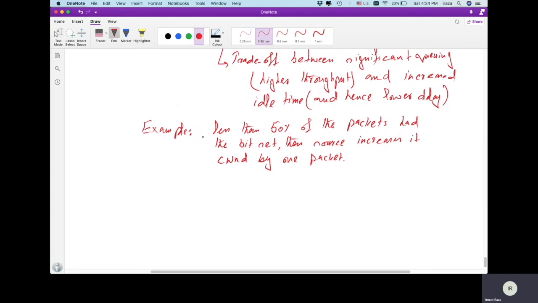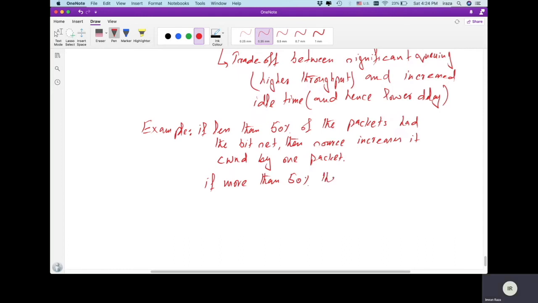And what if more than 50% of the packets had this bit set?